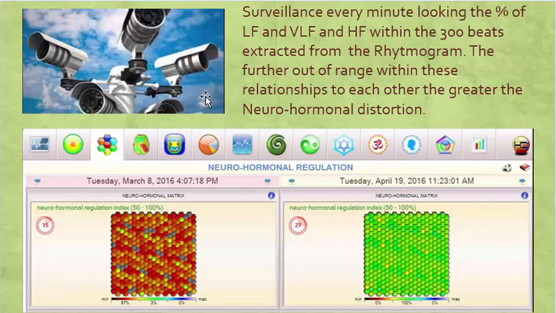It analyzes all the frequencies, high frequency, low frequency, and very low frequency, from the rhythmogram. And it looks not just at percentages, but at how they follow each other and what combinations they form, like HF, LF, VLF. This gives us information on which part of the regulatory system is affecting and how frequently.